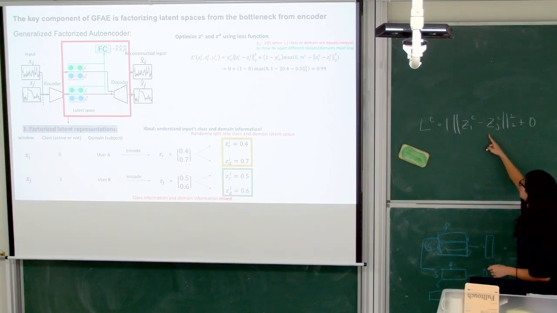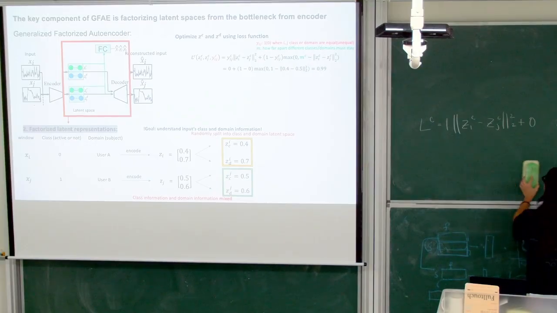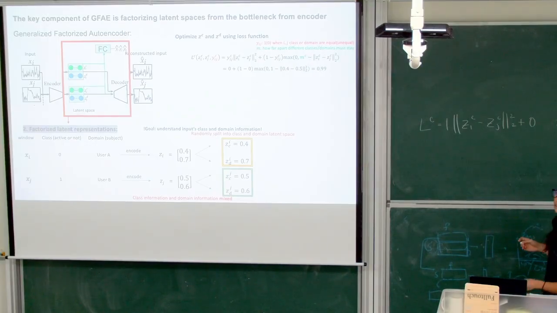When the difference between these two is small, is that a good thing or not? Is it what you need? When they're the same, we want them to be closer, in the latent space, right? Because C is class. So you want to make that. We don't care about the D because that's the individual differences. In the latent space, for the class information, we want them to be similar when they are the same.